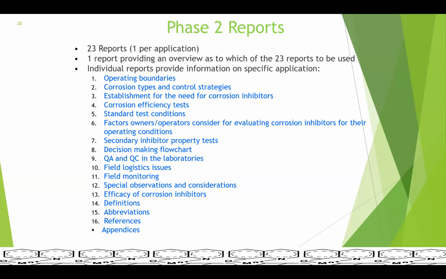What are the standard conditions in which the efficiency test can be carried out? How can operators evaluate inhibitor efficiency for their operating conditions, what factors they need to consider for a given application, and what are the different secondary inhibitor properties that are important for that application.